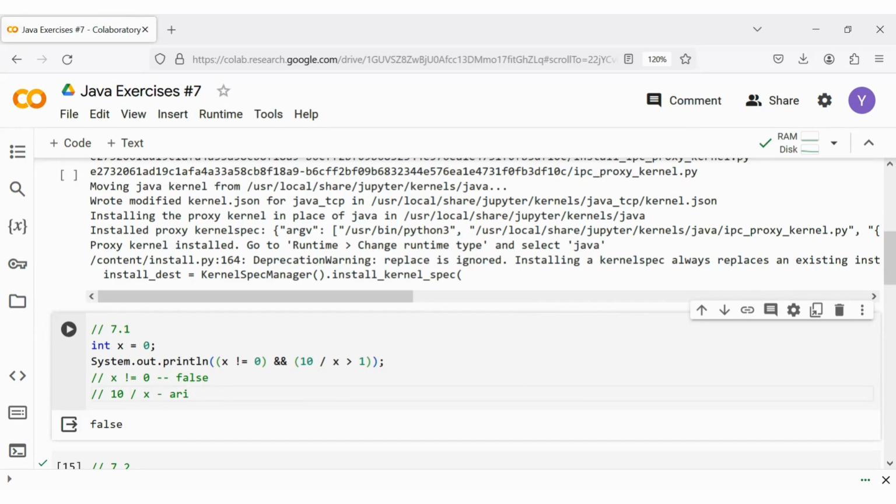Since the first expression is false, the answer will definitely be false, because there's an AND logical operator here. For the AND operator, you will only get true if both of the conditions are true.